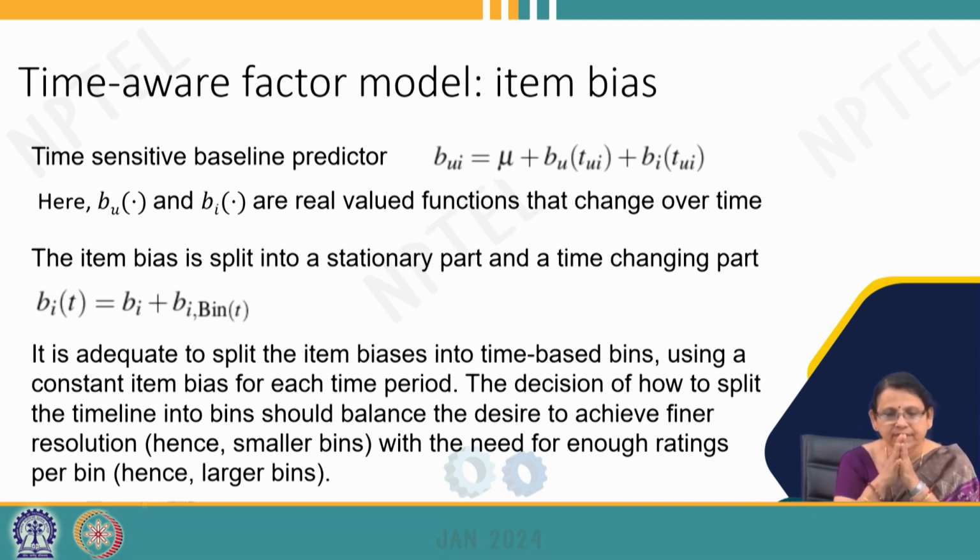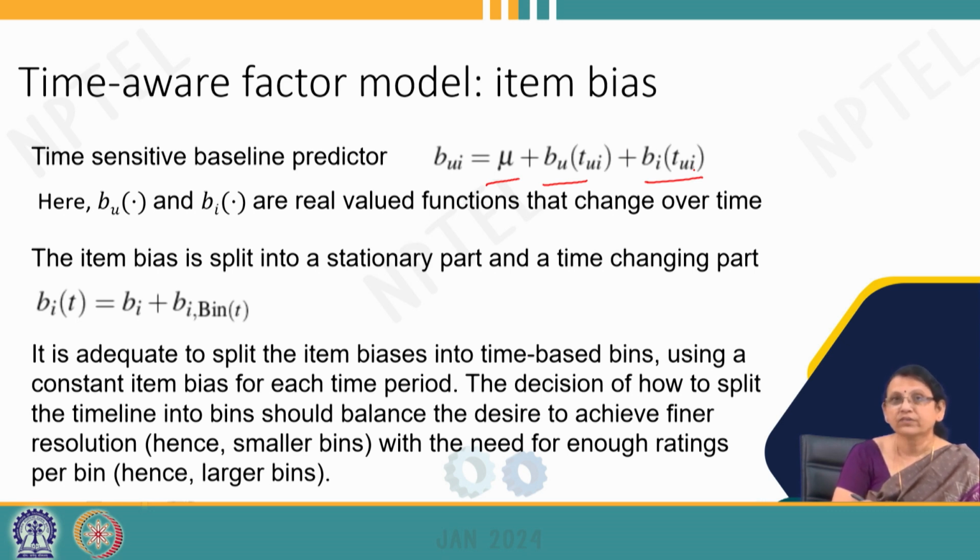So, this time sensitive baseline model can be written in this manner. This is exactly the same, but here we have two functions. That time we were having how many variables? Same as the number of users and number of items, the users and the items.